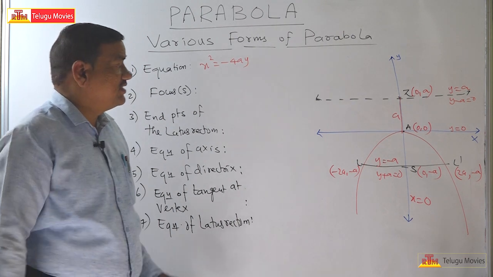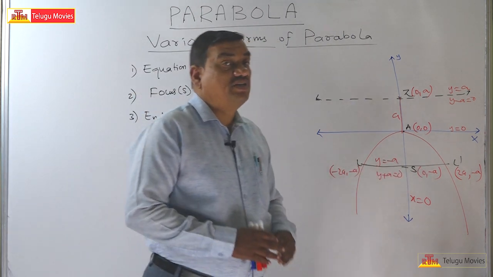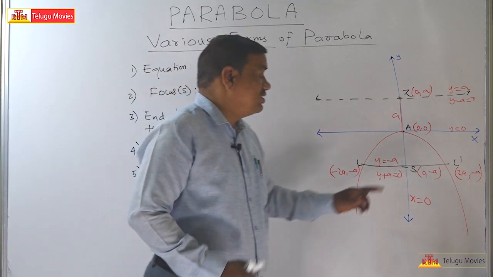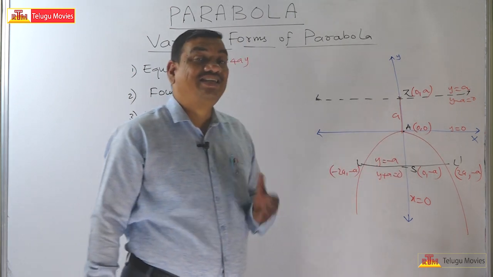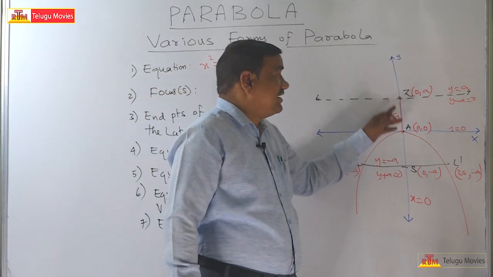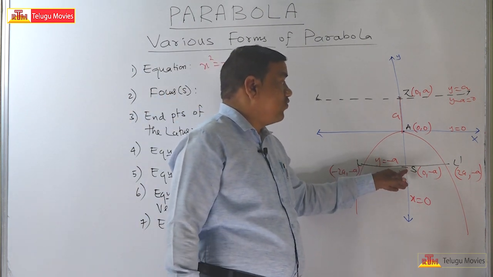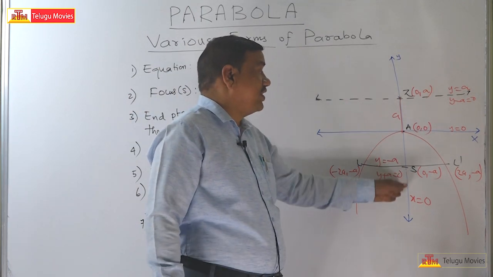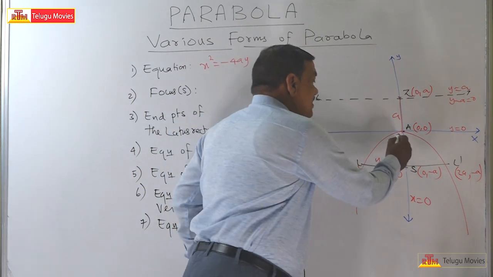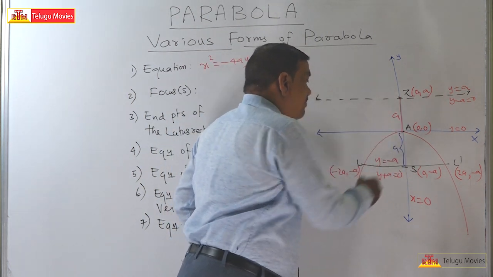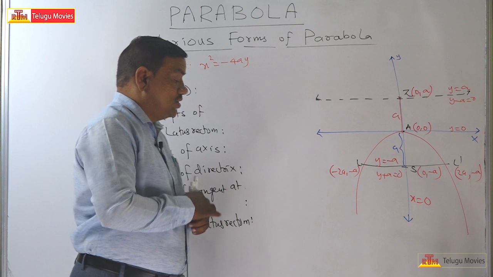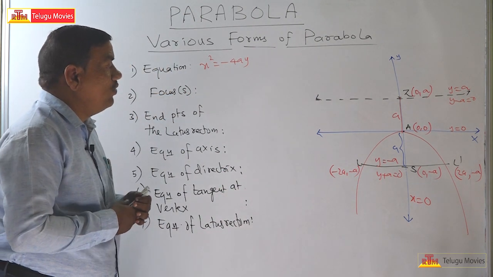And one more thing is the length of the latus rectum is 4a, the distance from the focus to the vertex is a, the distance from the vertex to the directrix is a, and the distance from the focus to the directrix is 2a. So this is a, and this length is also a, so a plus a. Okay? So all those things we have.